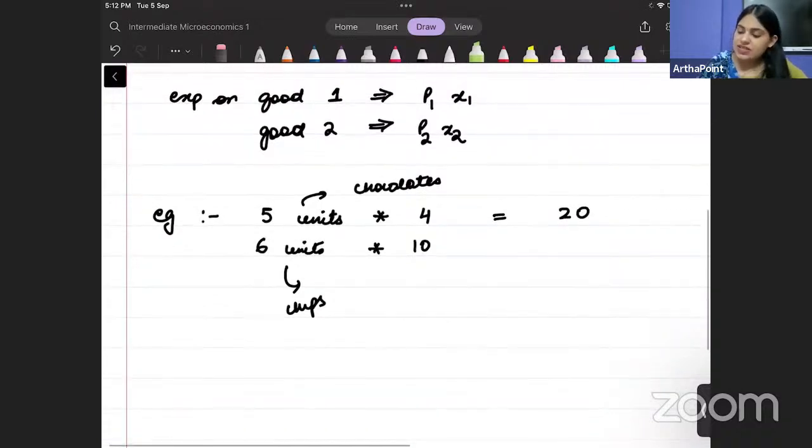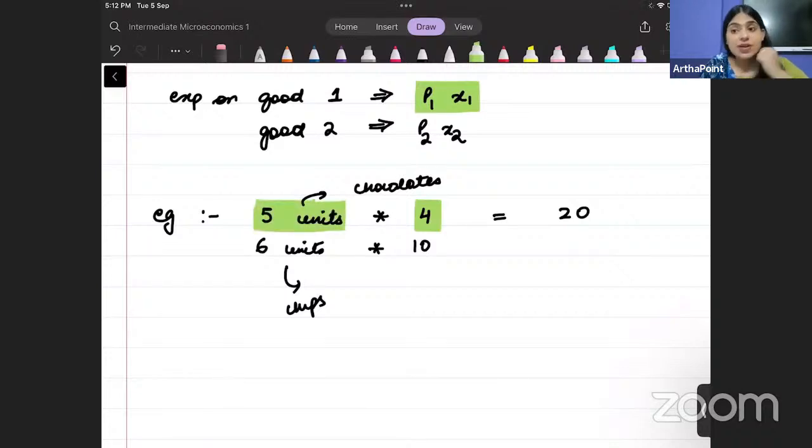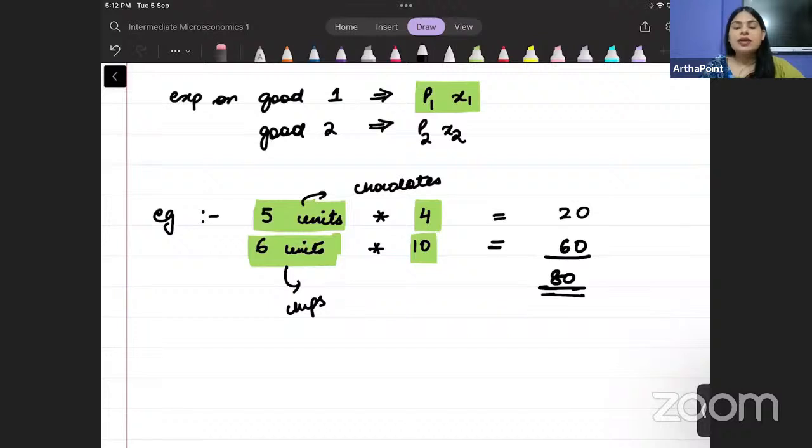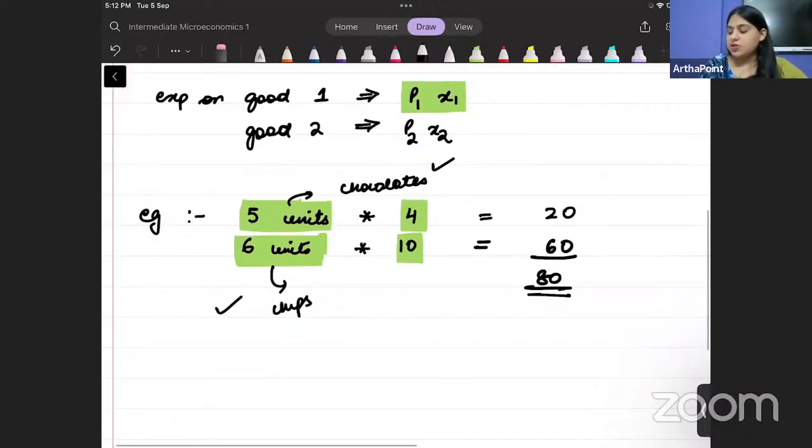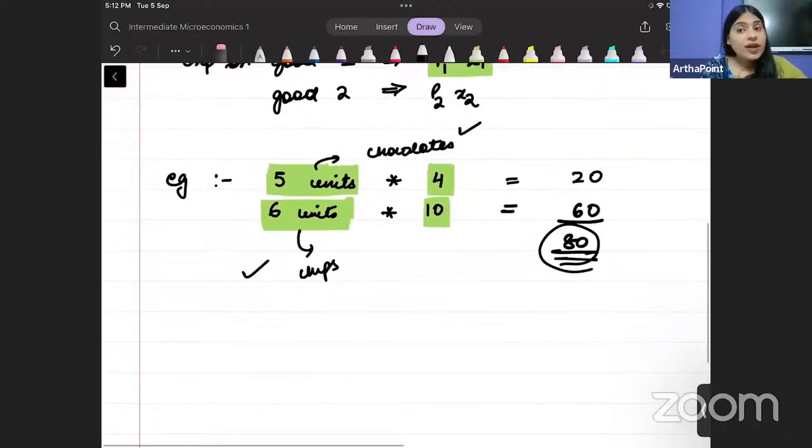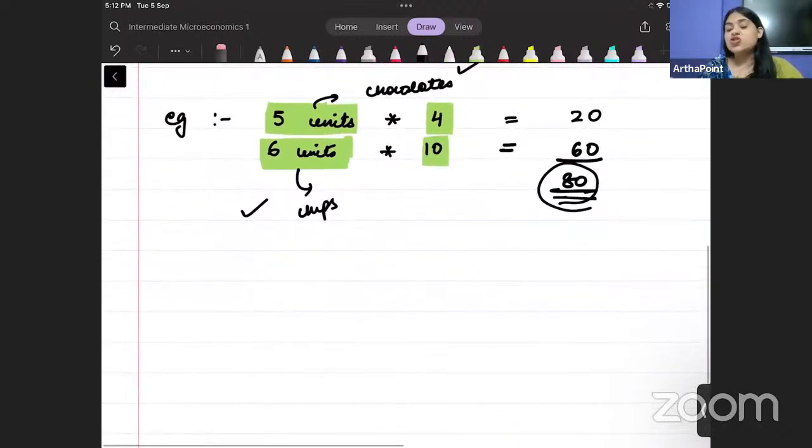That is my expenditure on chocolate, P1 into X1, price of chocolate into units of chocolate. What is my expenditure on good 2? P2 X2. That is going to come as 60. So in total this will become 80. How much money do I require to buy chips and chocolates? 80 rupees. If I don't have these 80 rupees, I cannot buy these chips and chocolates.